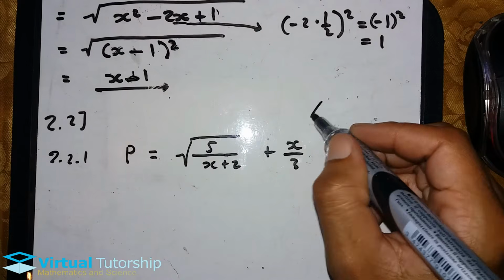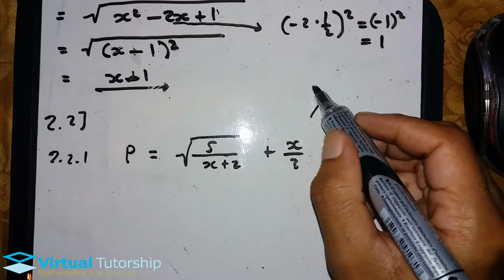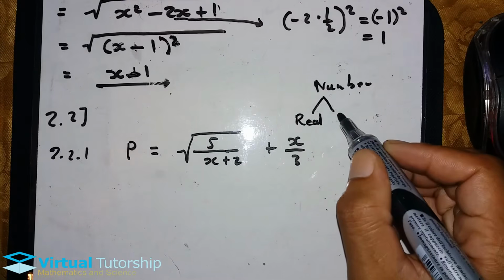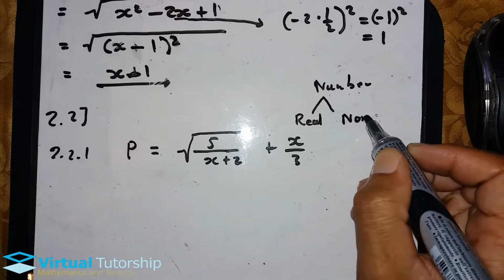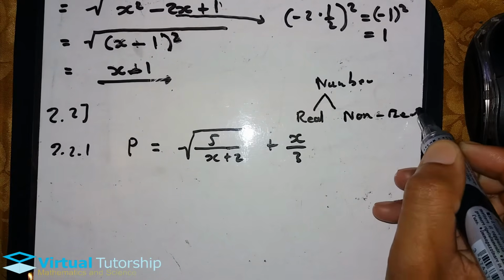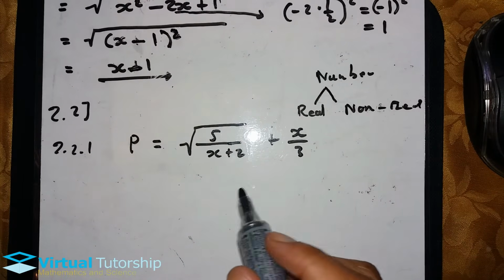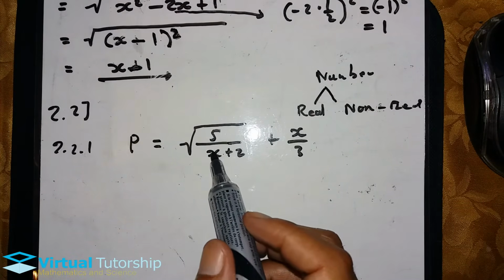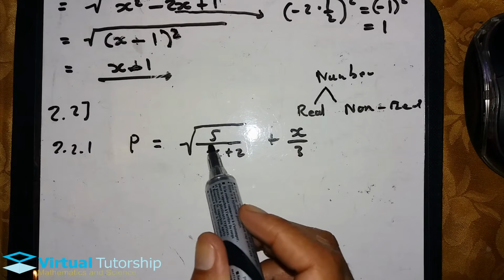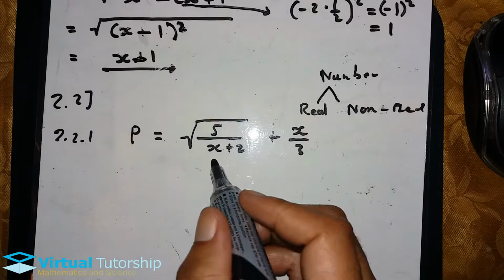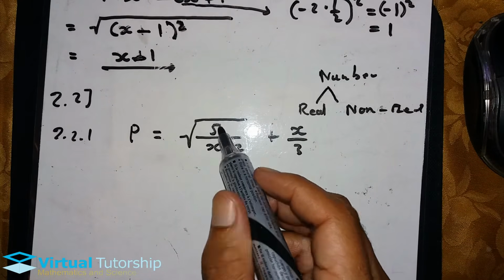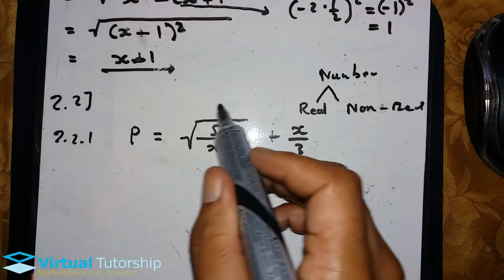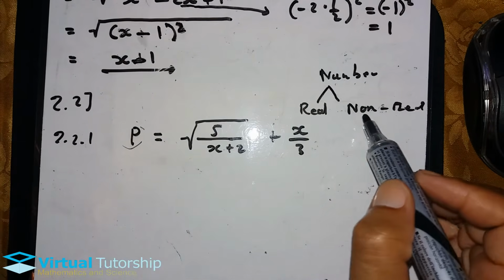We have two classes of numbers: real numbers and non-real numbers. Look, if x is minus 2, what will the denominator be? It will be 0. A number divided by 0 is undefined, thus making p non-real.